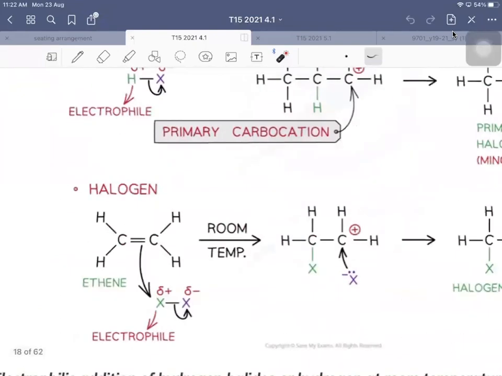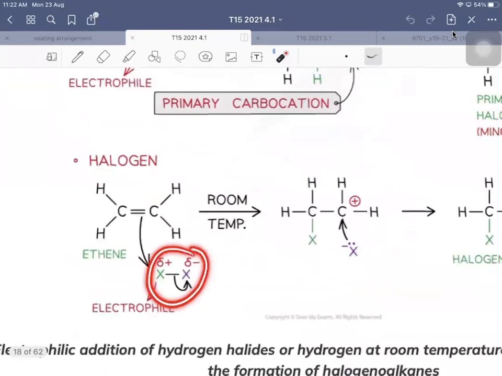If you want to attach two halogens, you will use the element in its standard state, whether Cl2 or Br2. Now, please remember that these halogens will only be added across the double bond, not any other carbon. It's only attached to the functional group of your alkenes.